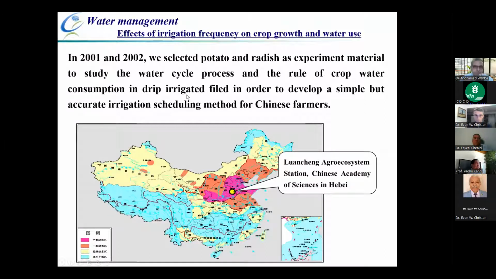First I will introduce the effect of the irrigation frequency on crop growth and water use.